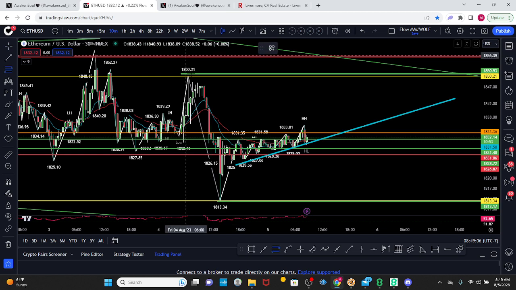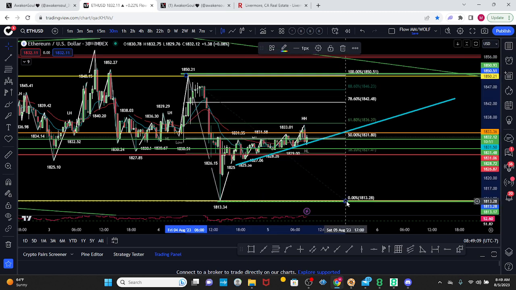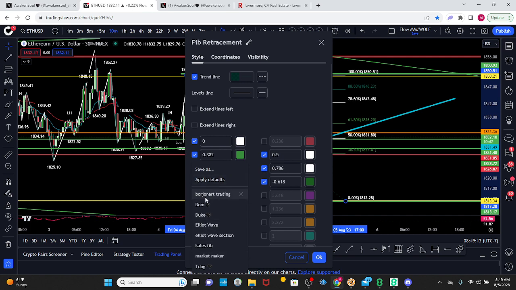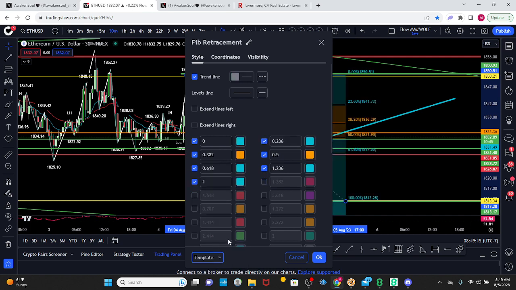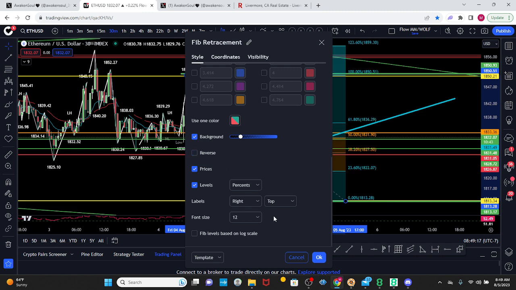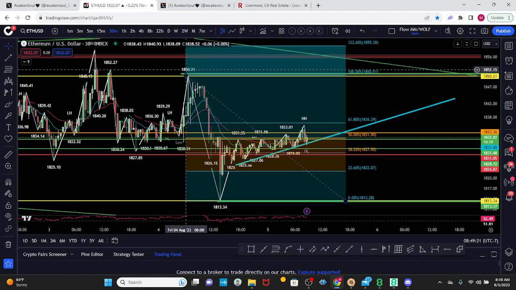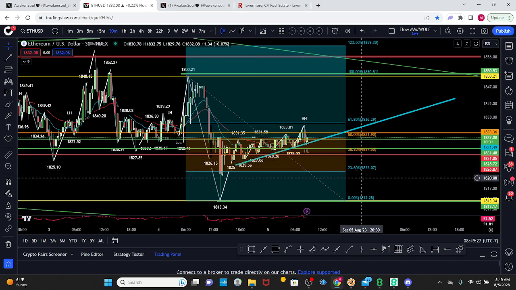So this could be a flag, a bear flag, I'm seeing. Okay. So bear flag, usually when you have a drop, usually the reversal comes back to a 38.20 level.